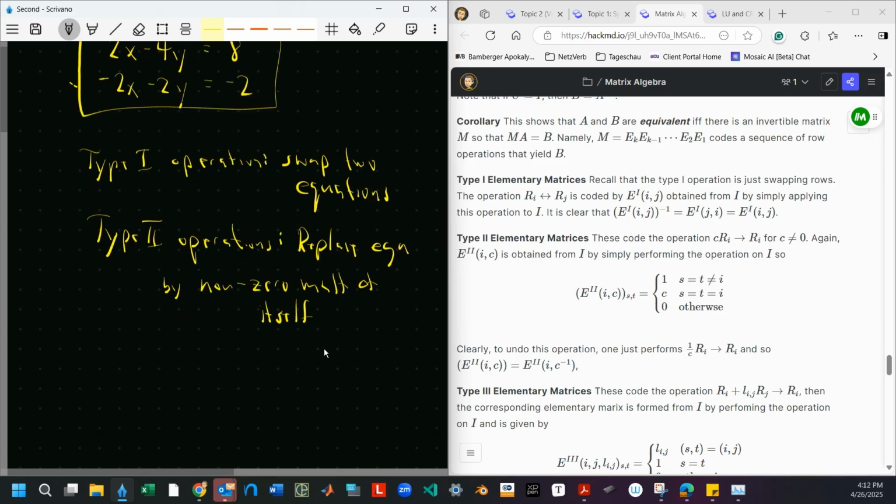Okay, and then there's one more important one that we'll actually use, I think, even for this one. So type 3, and actually type 3 are the ones we want to use most of the time. In this class, we won't talk about why, but mostly we want to use these.